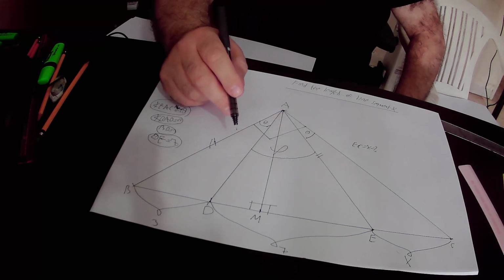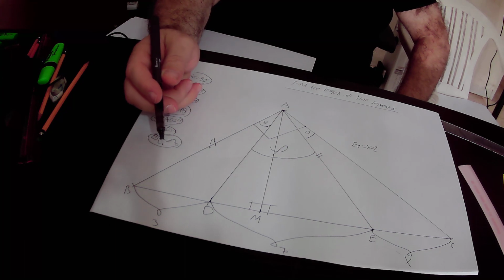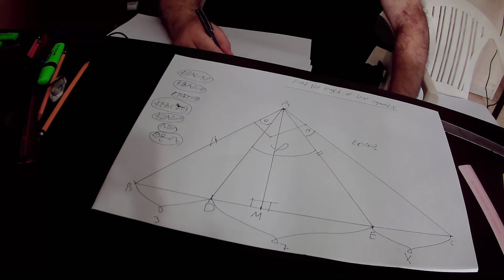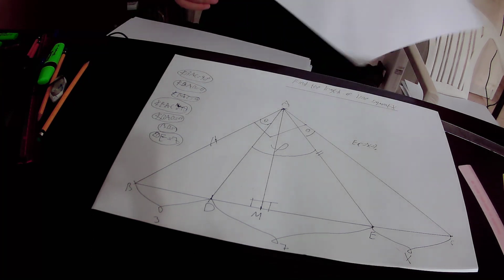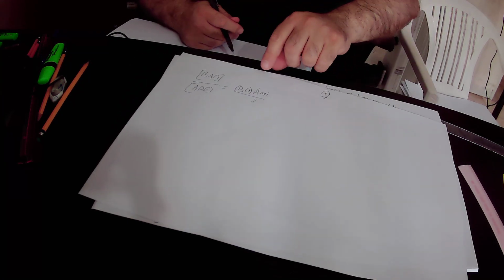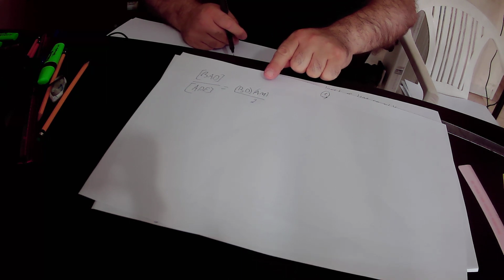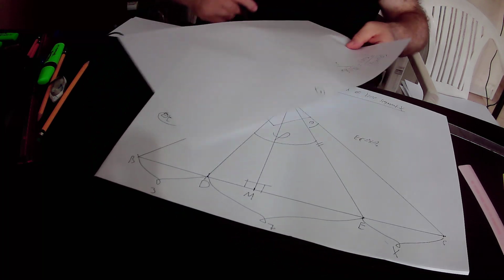AM is the height to the base because it creates 90 degrees with the base BD. So times the height AM over 2. So the area of triangle BAD equals the base BD times the height to the base, that is AM, over 2, over the area of triangle ADE.